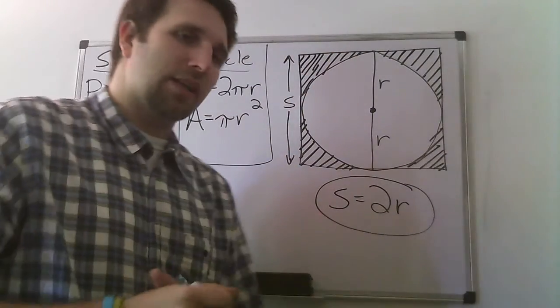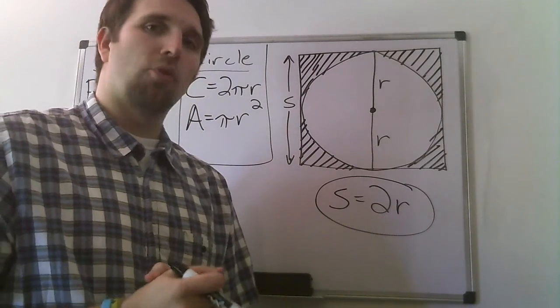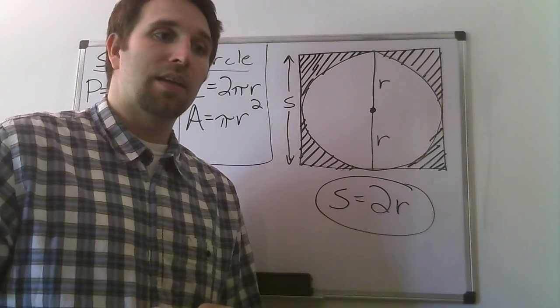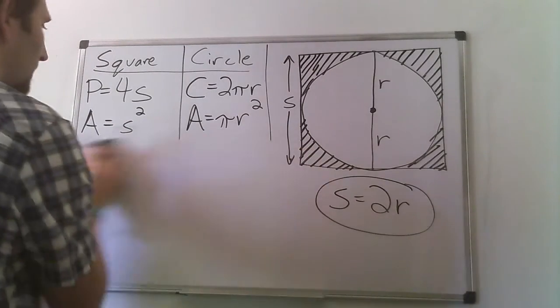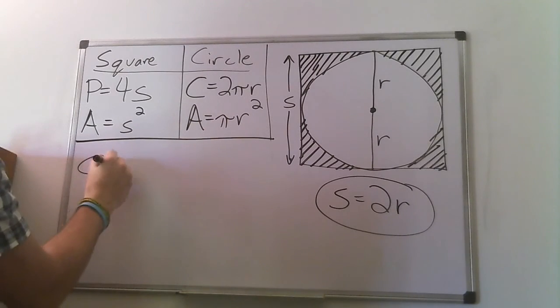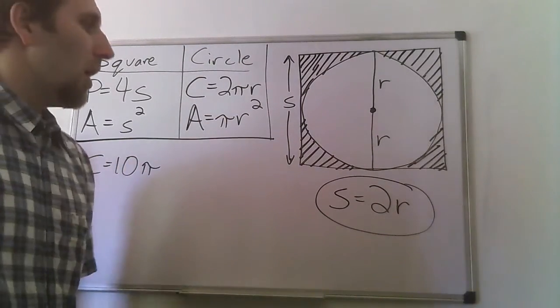And again, in the context of this problem, they'll usually give us something like the perimeter is 10 pi. Sorry, the circumference. The circumference is 10 pi. What is the shaded area?